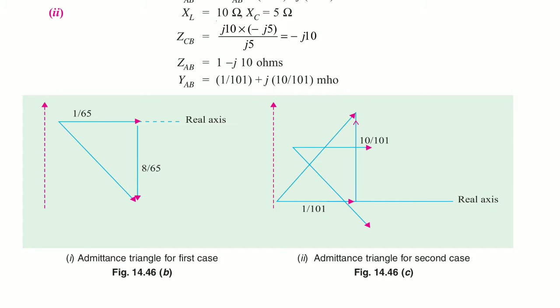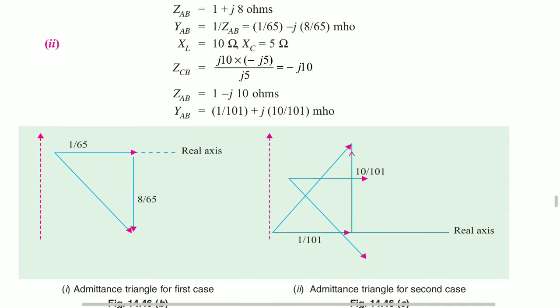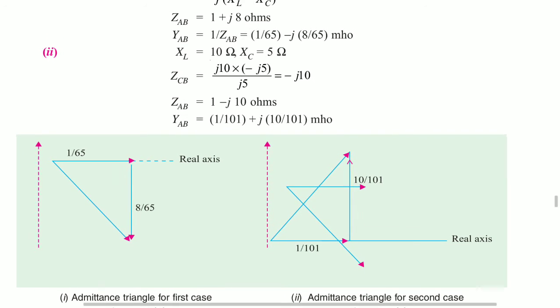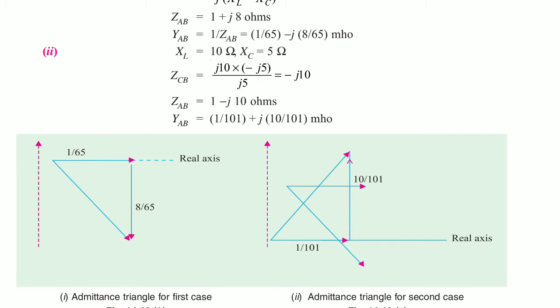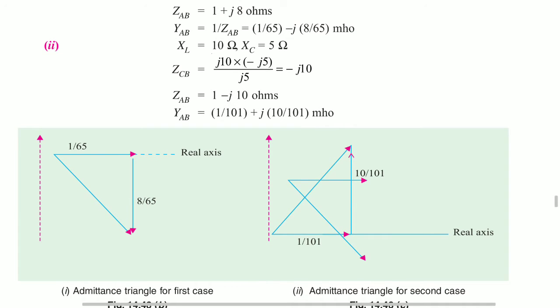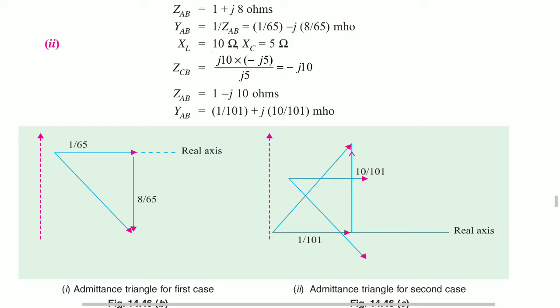G is 1 by 65 and the susceptance B is minus 8 by 65. The minus indicates that it is drawn downward. The phasor sum of 1 by 65 and 8 by 65 gives the total admittance of branch 1.